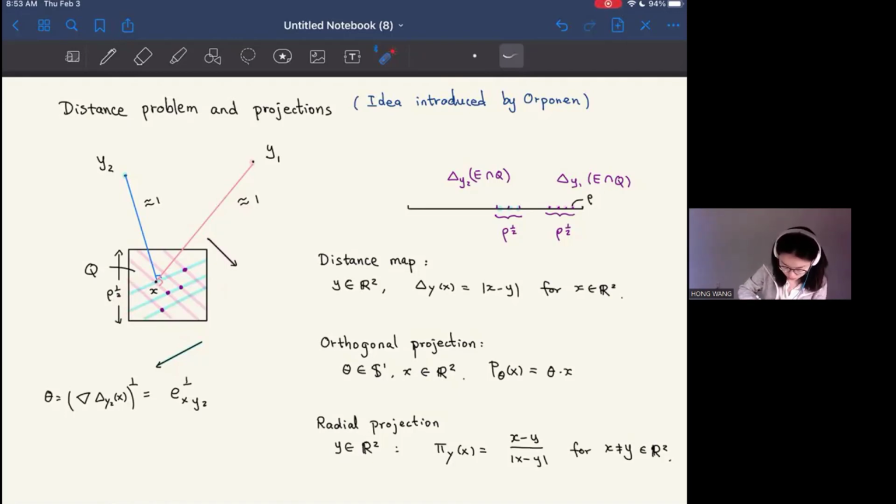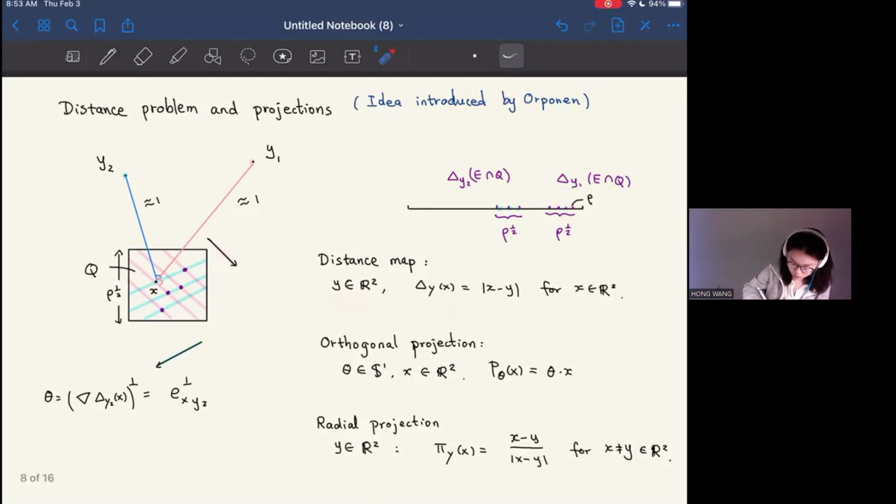But it's important that Q has side length rho to the 1/2, and here we only care about distances up to error rho. Now this picture shows how the distance map is related to orthogonal projection.